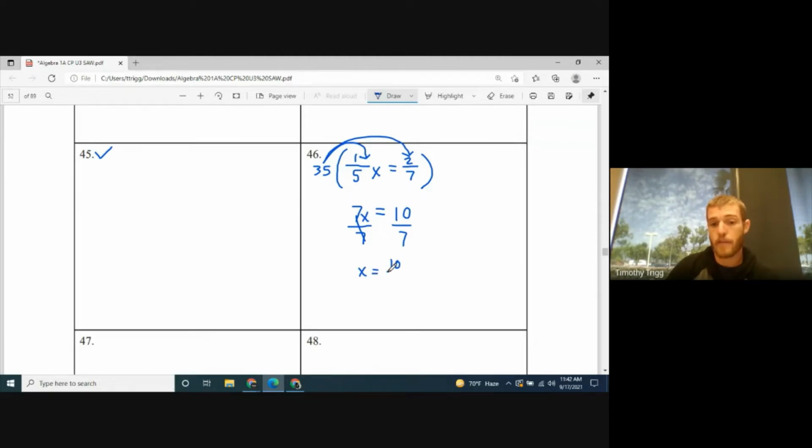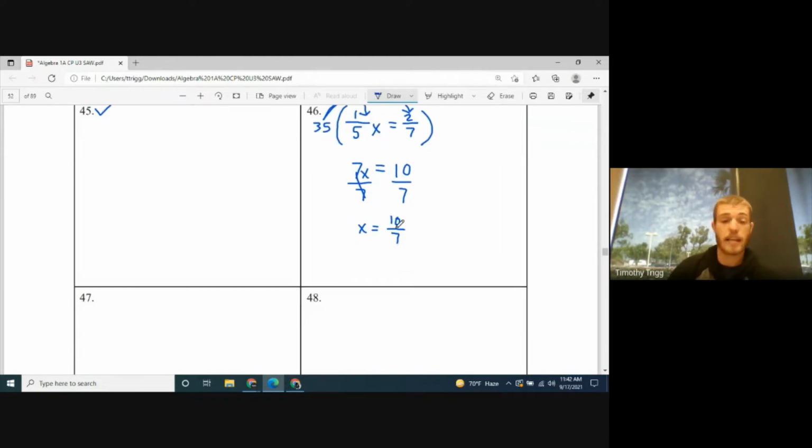That's okay. If you have a fraction as an answer, that's fine. I would just make sure that it doesn't simplify anymore, right? So this fraction is already in simplest form, so you cannot simplify it anymore. I would just say that's your answer. Okay, so having a fraction answer, that's fine.